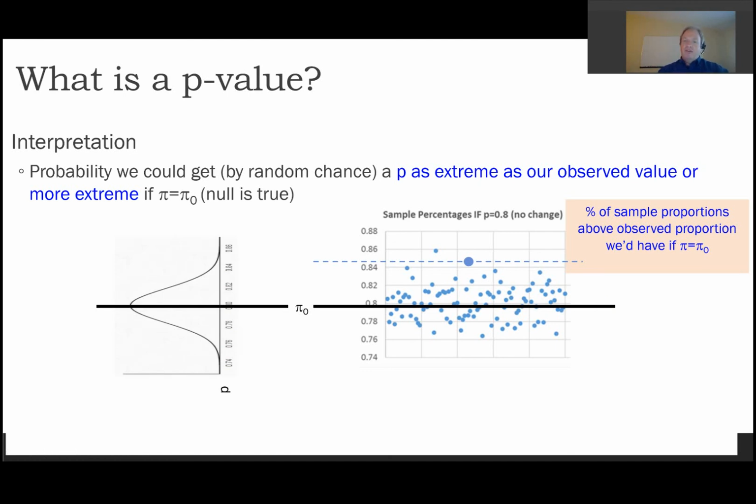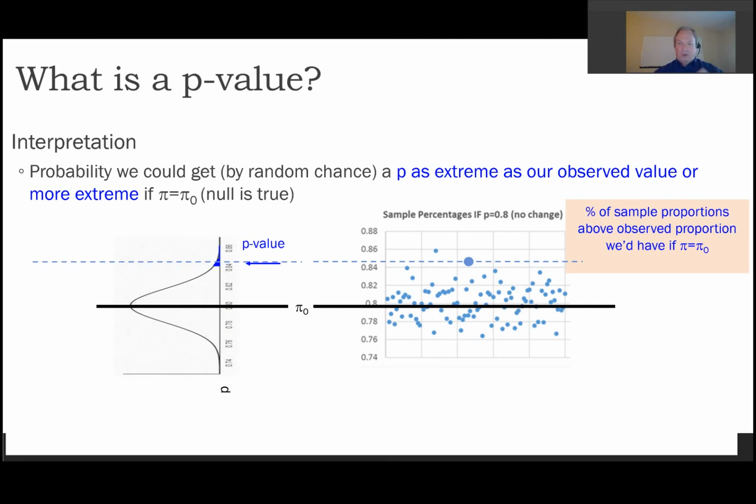If we think about what this looks like with the exact distribution, here's 85%. The p-value is the probability in the tail. We see it's very small.